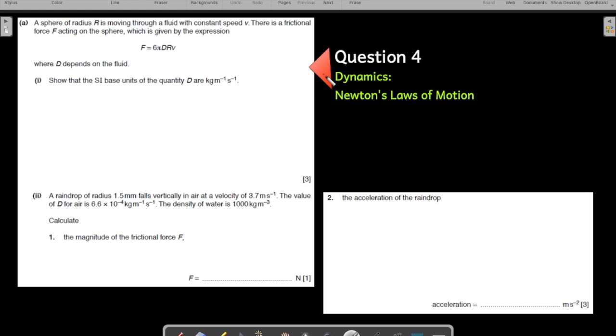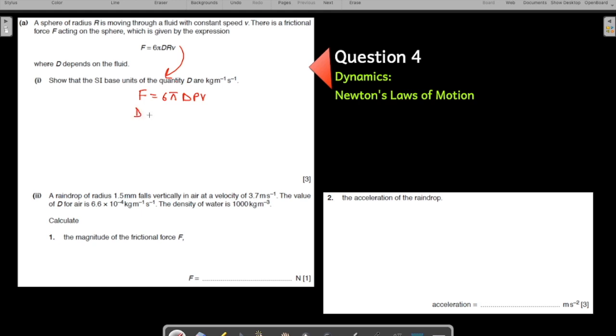So how do you find d? Now this is a question which is not so difficult, and I am sure that many students know how to do this question. So we start with copying the same formula here. F is equal to 6 pi d r v. Let us write this whole expression in terms of d.